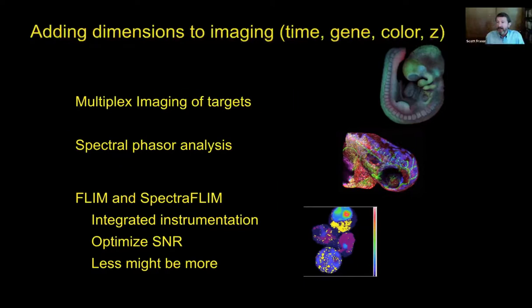And one of the things that we're finding as we're doing this joint development of instrumentation that can do lifetime and spectra is that less might really be more. We're still trying to find the right compromise, but it might really be that as few as 4 spectral bands is enough to give us the best low light level performance and also very usable label separation.